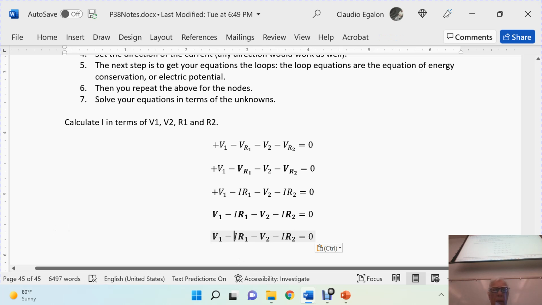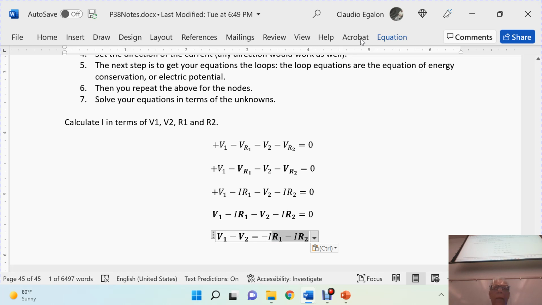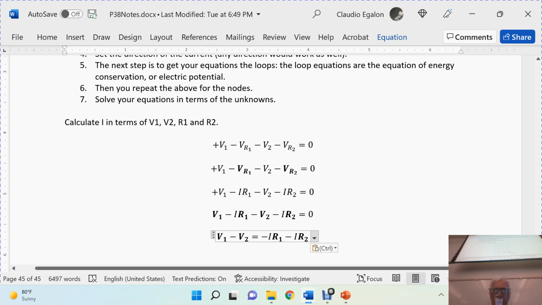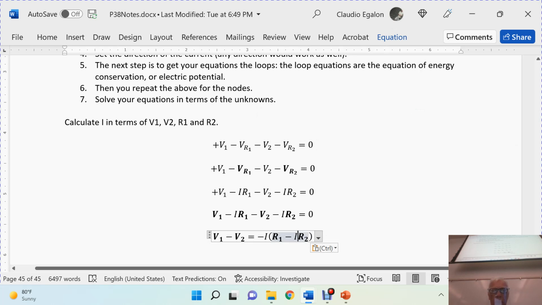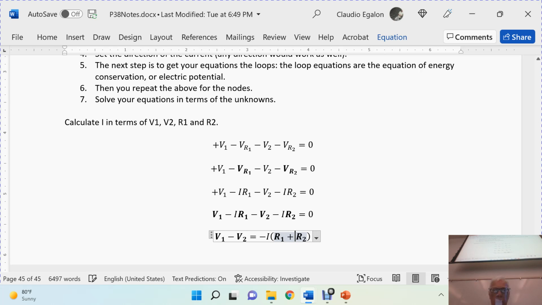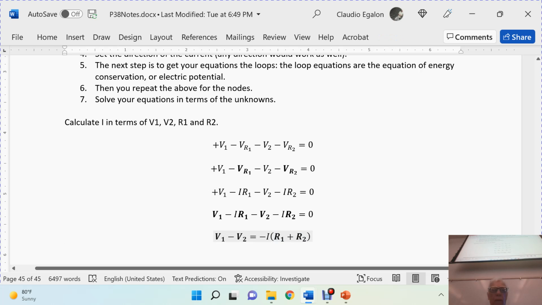Okay, so here we go. I R1, I R2. Go to the other side. Put it between parentheses. Oops, don't need the negative, right? Take out the negative.